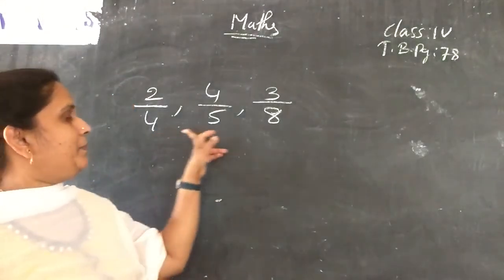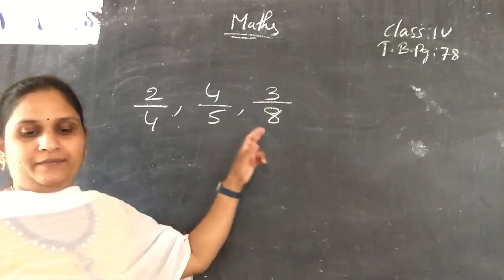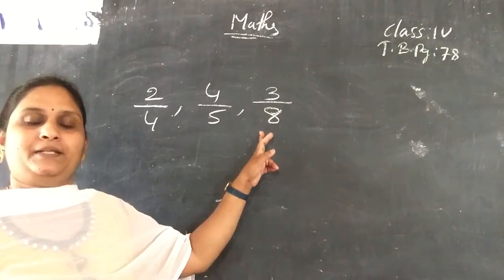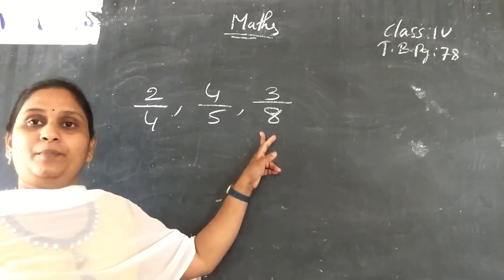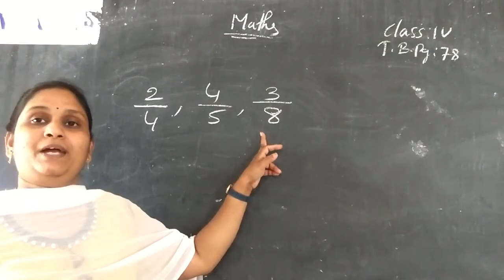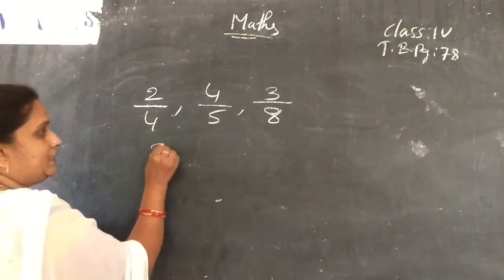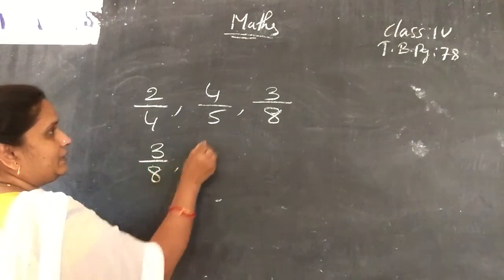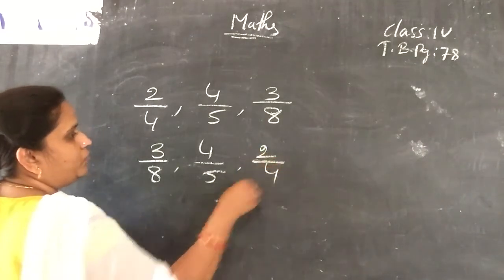Compared to 4, 5, 8, the greatest number is 8, so it gives the smallest fraction, because as the denominator's value increases, the value of the fraction decreases. So first you have to write 3 by 8, then 4 by 5, then 2 by 4.